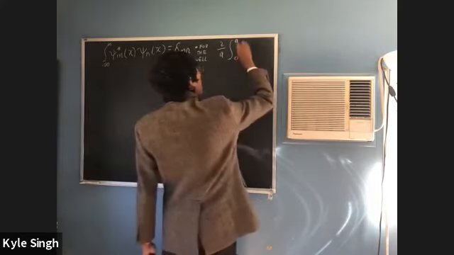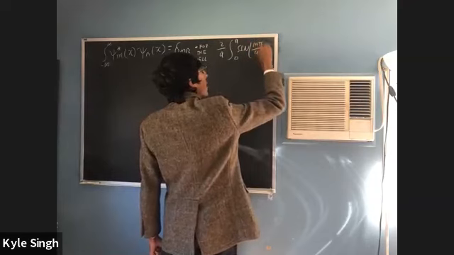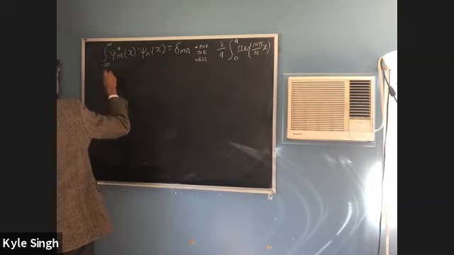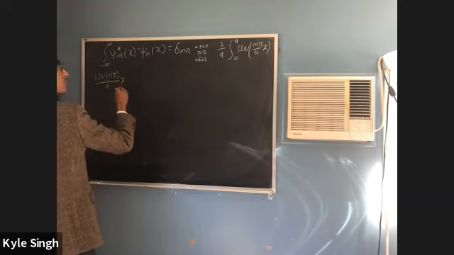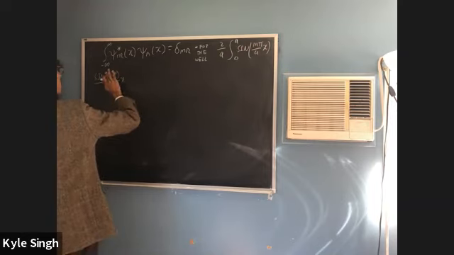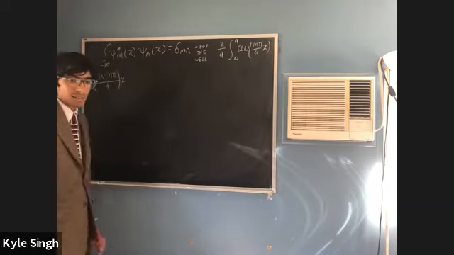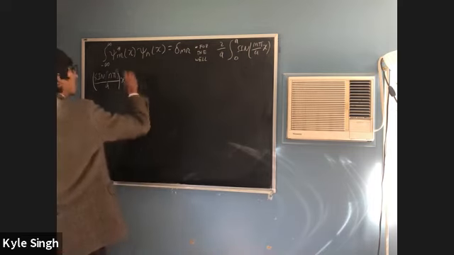We're going to have a sine of m pi over a x times a sine of n pi over a x. Okay, now we just do this long computation.